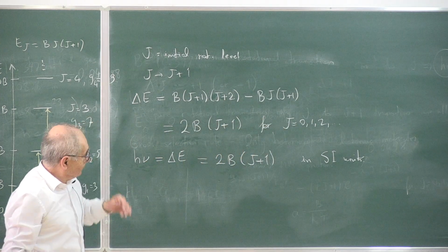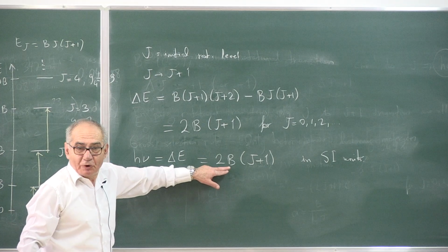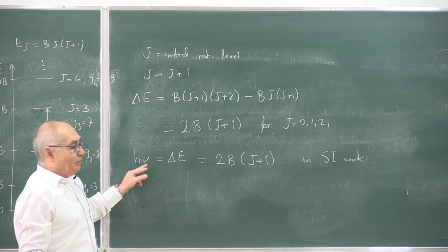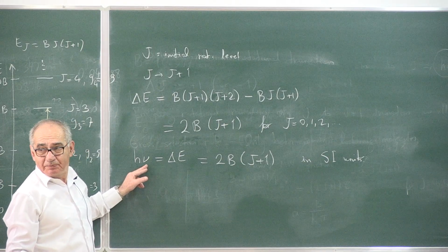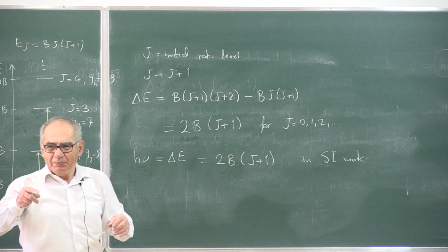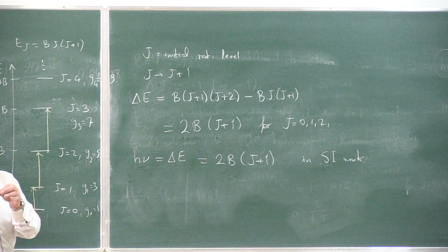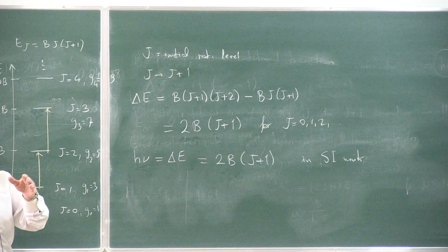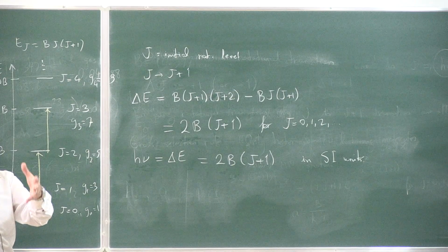But if you want to use wave number unit for B, then we should make sure that the left side should also have the same unit. That's more convenient because when we use SI units, numbers are very awkward. Like they contain 10 to the minus 19, 20 factors.